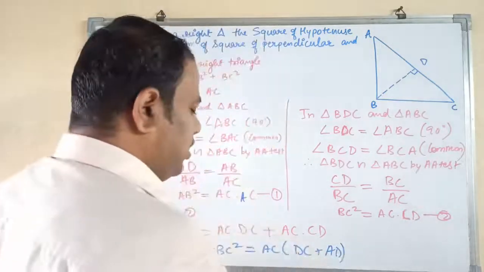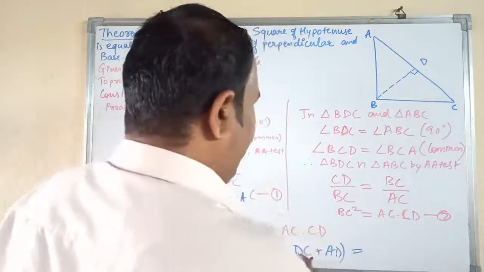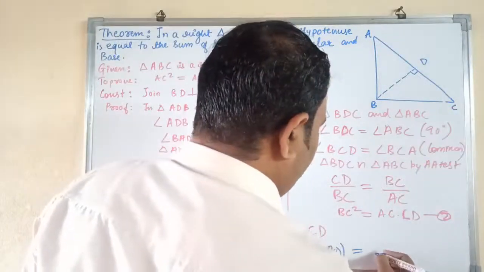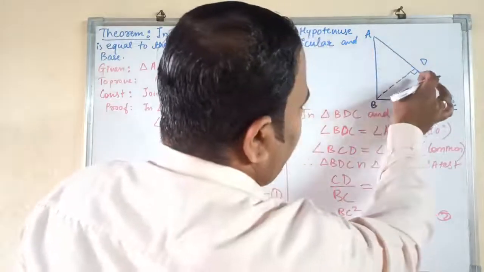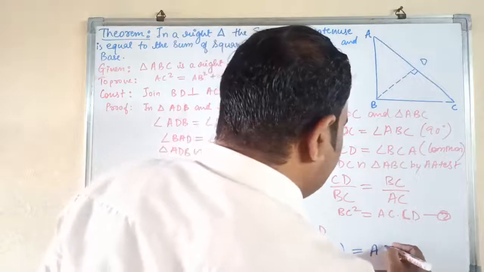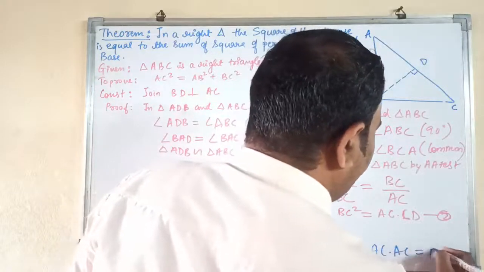Now what becomes here? See, AD plus CD becomes AC. So ultimately it is AC into AC, that is equal to AC square.